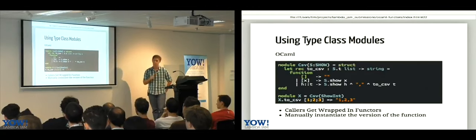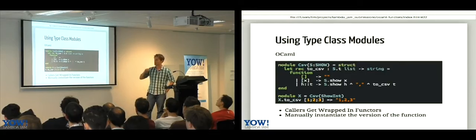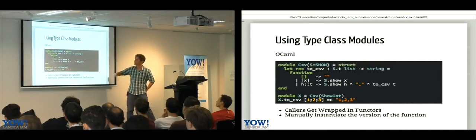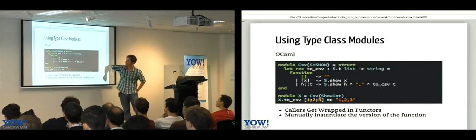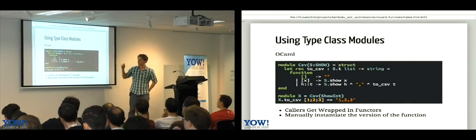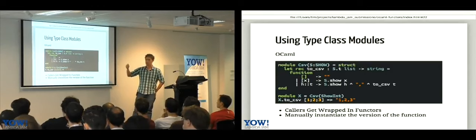So in OCaml, if you want to use that struct and signature we had before, we need to define our function that wants to use it. So our function toCSV needs to be parameterized over the S, the show, and then we can use it.